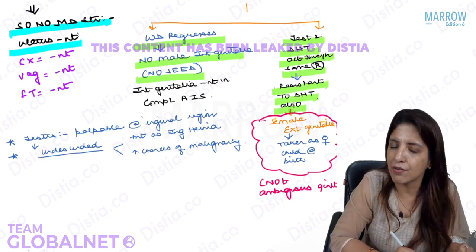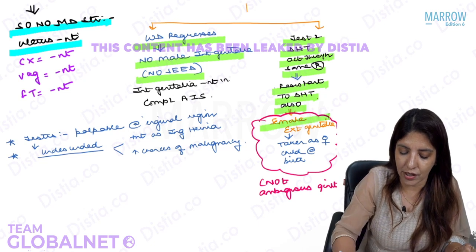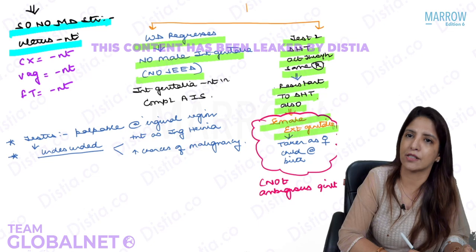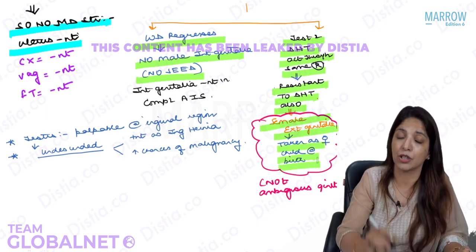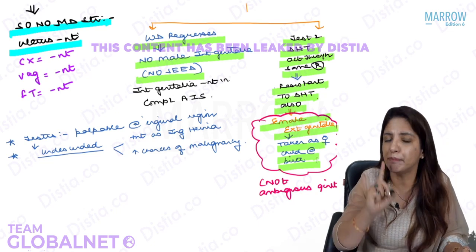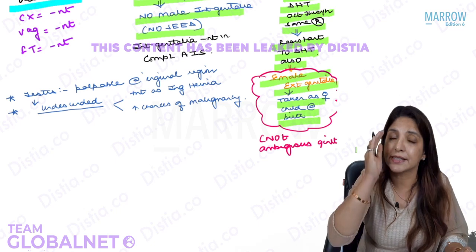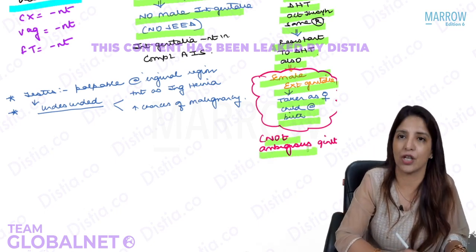Because they are resistant to dihydrotestosterone, their external genitalia will look exactly like female external genitalia, and they are taken as a female child at birth. Please remember, in complete androgen insensitivity syndrome, the genitalia are exactly like female external genitalia. They are not ambiguous genitalia.